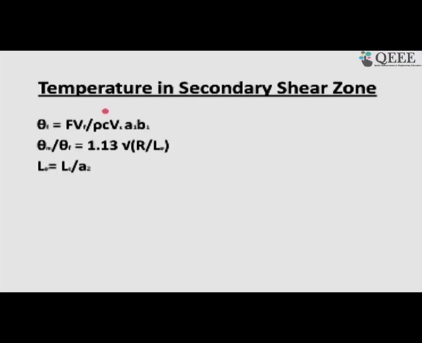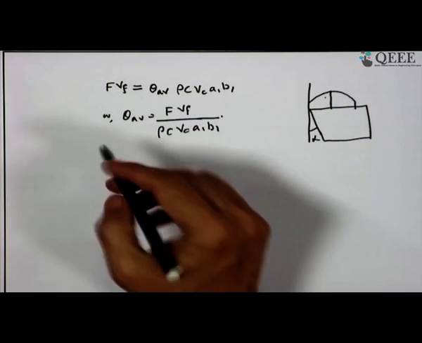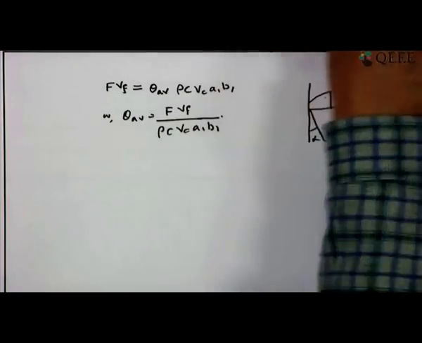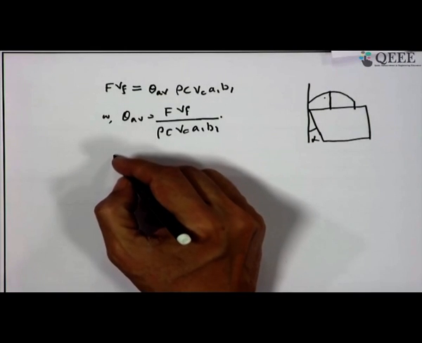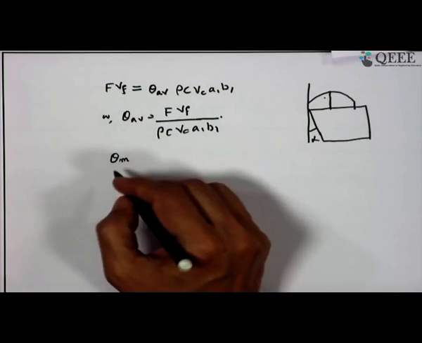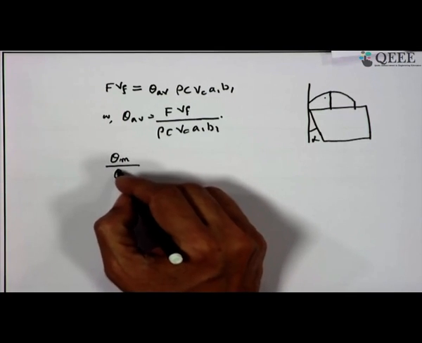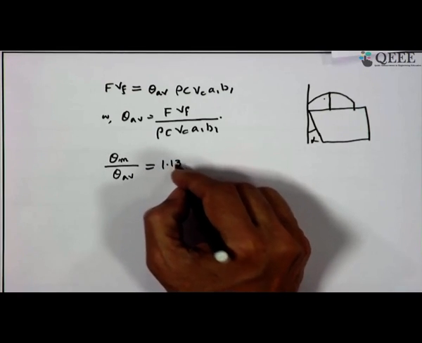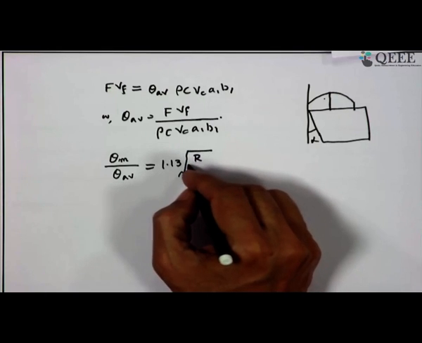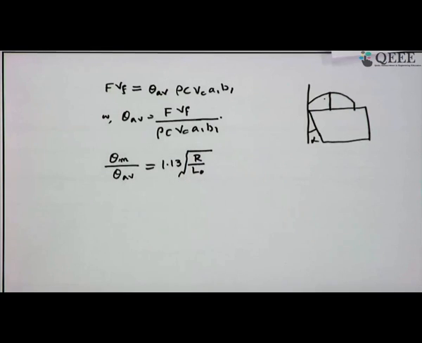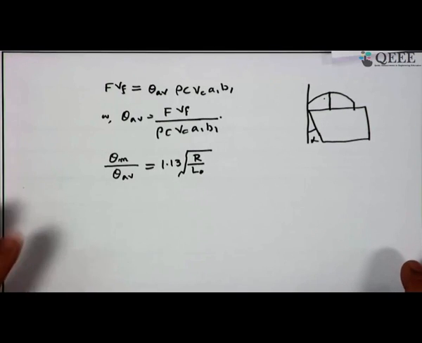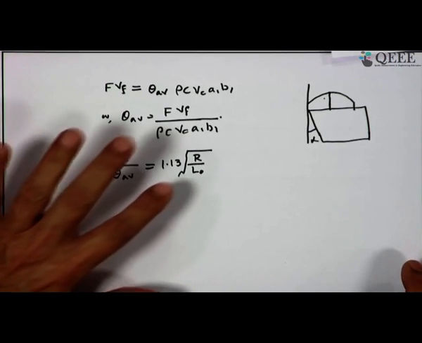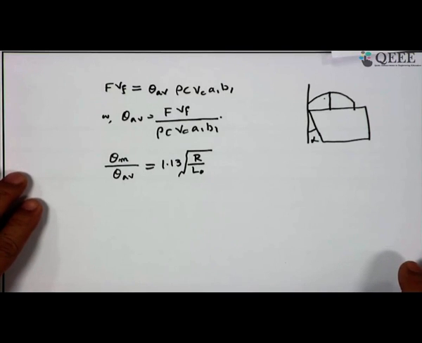But again, Weiner and Rapier, these are the two names, have also proposed that there is a maximum rise of temperature, and this maximum rise divided by this average one is given as 1.13 root over R by L0. That is their treatment. You can see the original work, which is referred to in any textbook. So, this R is nothing but the thermal number I have already defined.